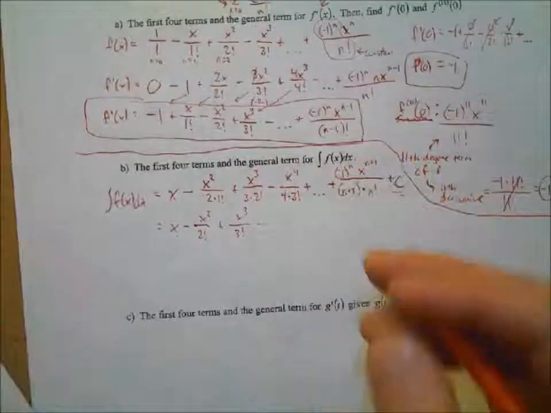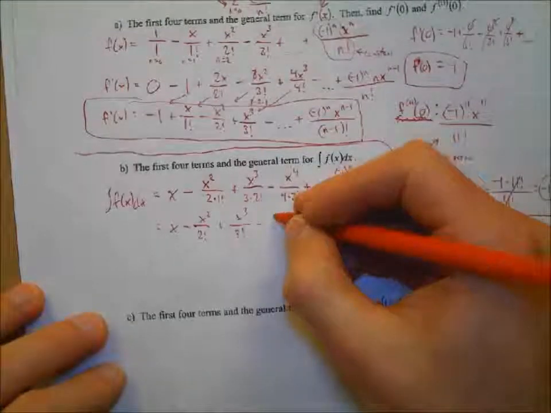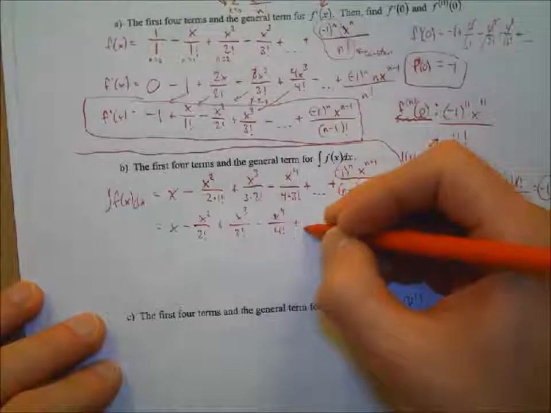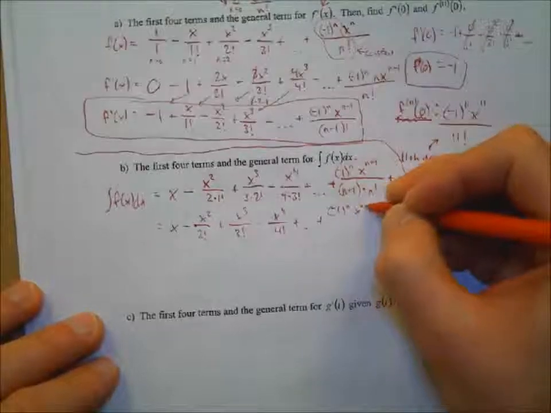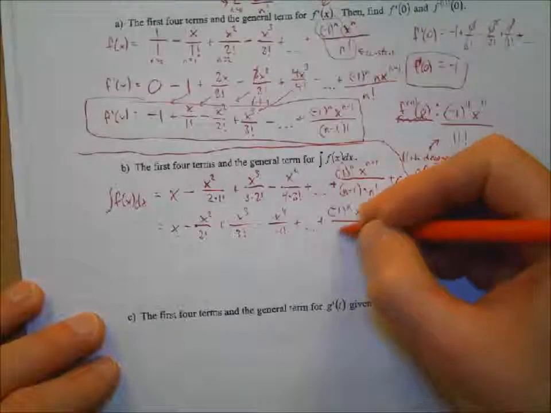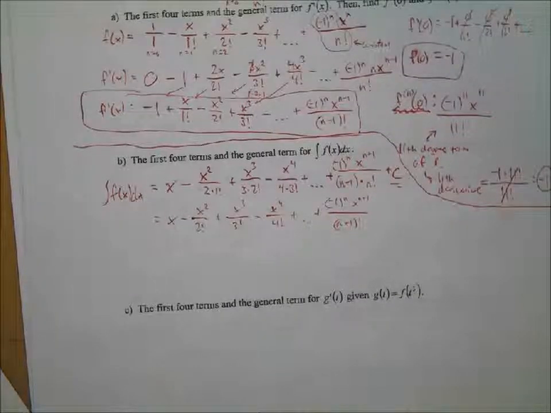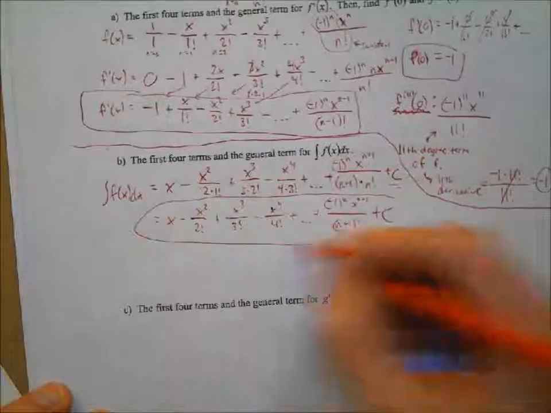We're adding that 3 on to the 2 factorial, so it's just now 3 times 2 times 1. And then same thing here, x to the fourth. 4 times 3 factorial is 4 factorial, plus, dot, dot, dot, plus, and then same thing here, negative 1 to the n, x to the n plus 1 over n plus 1 quantity factorial there like that. Okay, so it simplifies nice, and again, don't forget the plus c. Okay, so there it is.